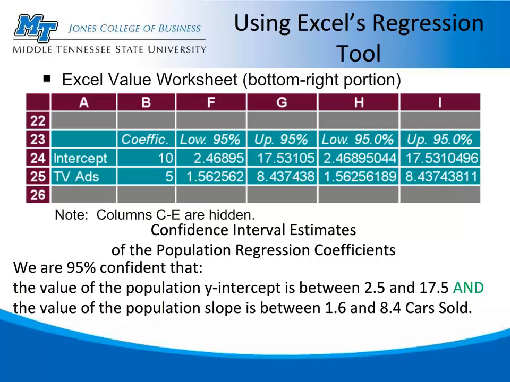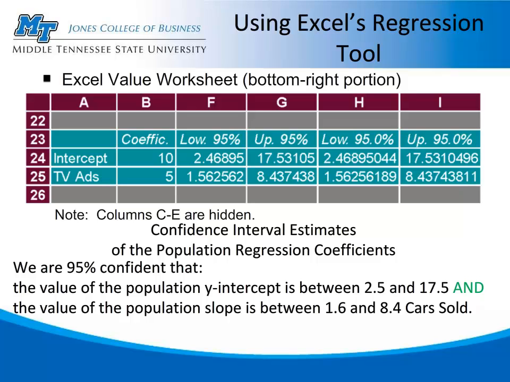Now, the intercept is the value that you get when x is equal to 0. So if there are no TV ads, we're 95% confident that that population y-intercept is somewhere between 2.5 and 17.5. If we don't buy any ads at all, we still expect to sell between 2.5 cars and 17.5 cars.